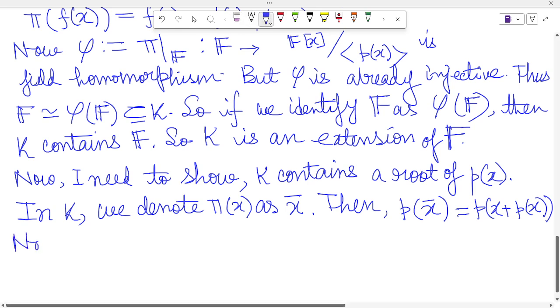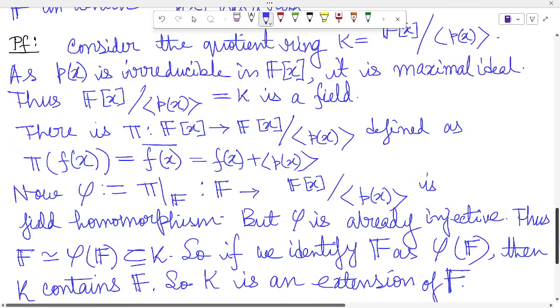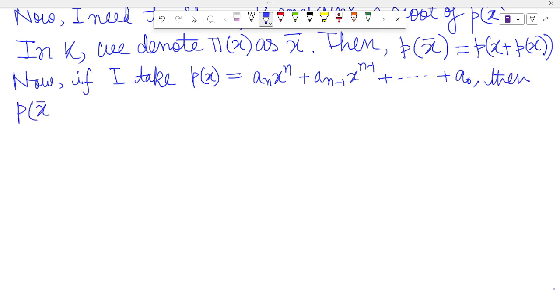Now, if I take p(x) as zero, then p of x bar, that is what?